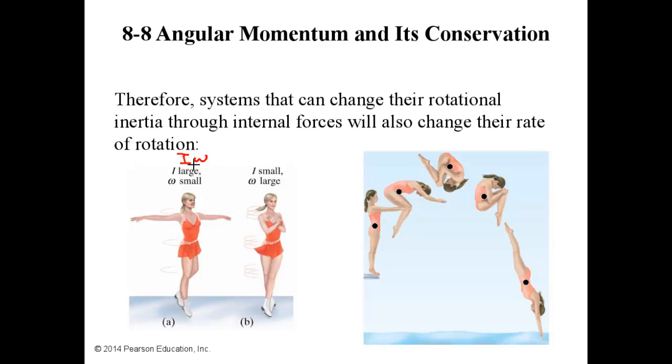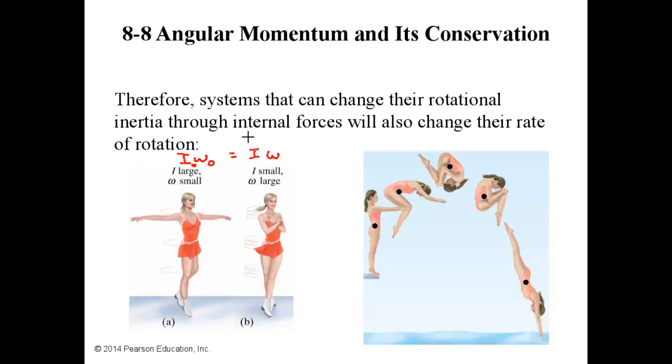For example, in the case of a figure skater, we know that her angular momentum beforehand can be written as I naught omega naught. If there are no net torques acting on her, on this frictionless ice, then if she were to bring her arms in closer to her, essentially changing her rotational mass, we know that bringing the arms in is going to bring the mass in closer to the axis of rotation, and that this quantity, I multiplied by omega, must be the same as it was initially.